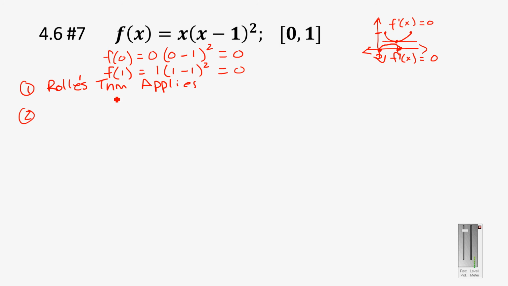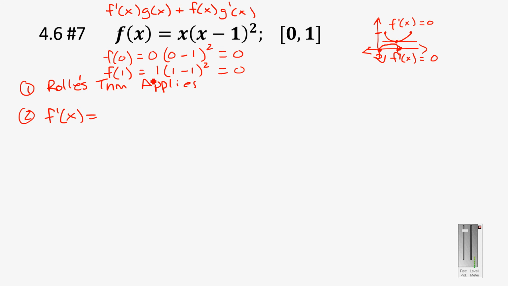The step 2 now is to find that point. All right? So we need to find f prime of x, and then set it equal to 0. So f prime of x is going to involve, looks like, a product rule, x times x minus 1 squared. So let's see, product rule: f prime of x, g of x, plus f of x, g prime of x.